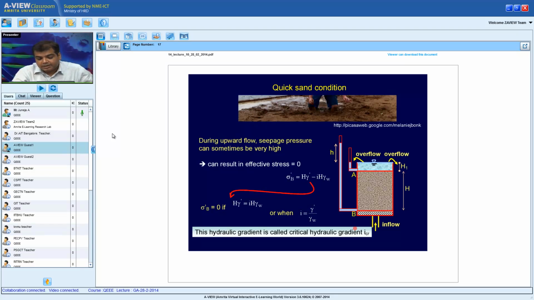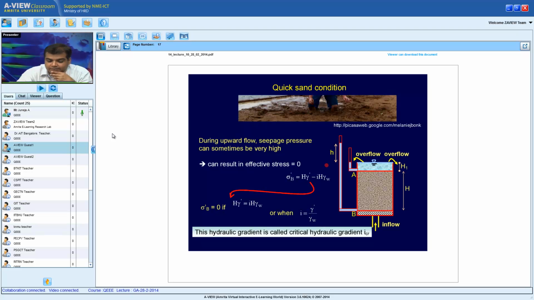This hydraulic gradient I equal to gamma prime over gamma water is called the critical hydraulic gradient. Why critical? Because it occurs at a stage when effective stress becomes 0.